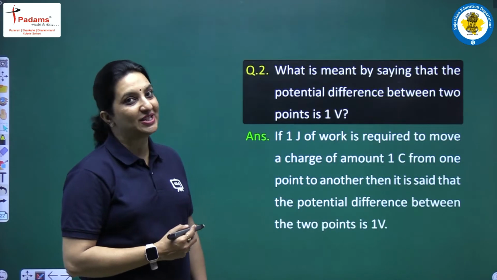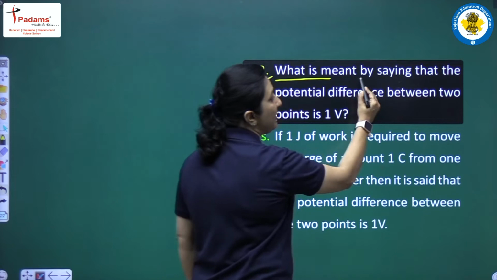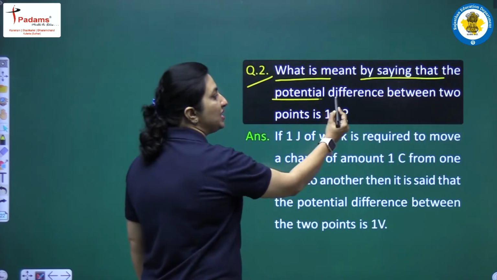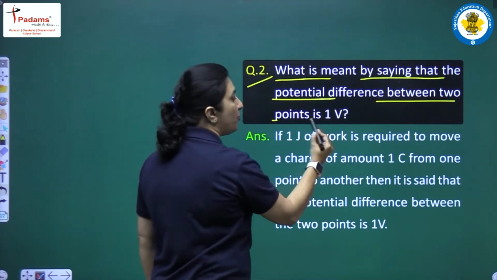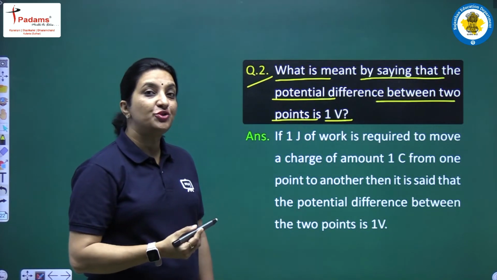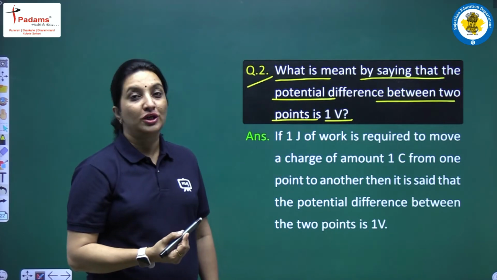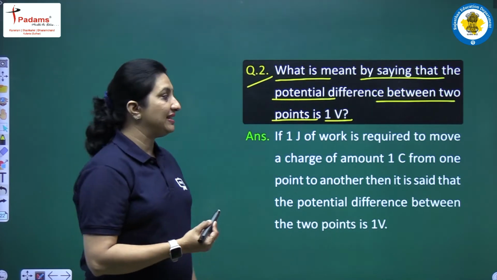Now let's see the next problem, which is question number 2. What is meant by saying that the potential difference between 2 points is 1 volt? Now students, here we need to define the definition of 1 volt. So students, we will write the answer like this.